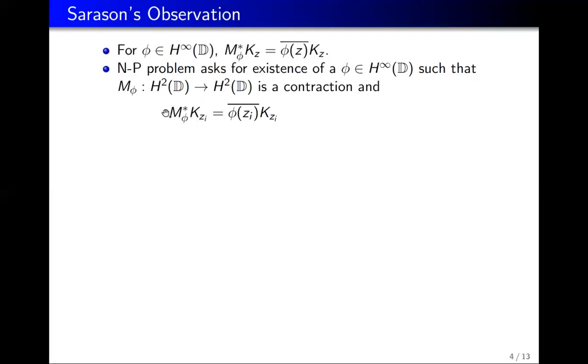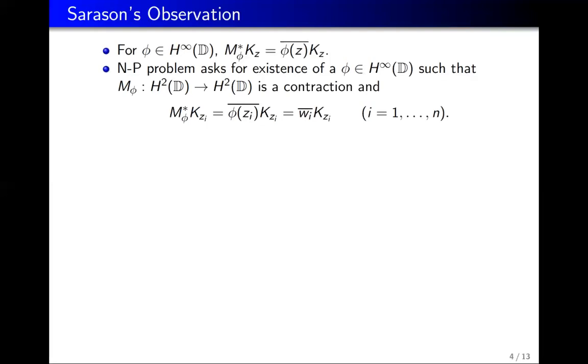We have seen that M phi star has this nice action: the kernel vectors are the eigenvectors. Therefore, M phi star K sub z_i equals phi of z_i bar K z_i for all i from 1 to n. And because phi takes z_i to w_i, it has to be w_i bar K z_i.